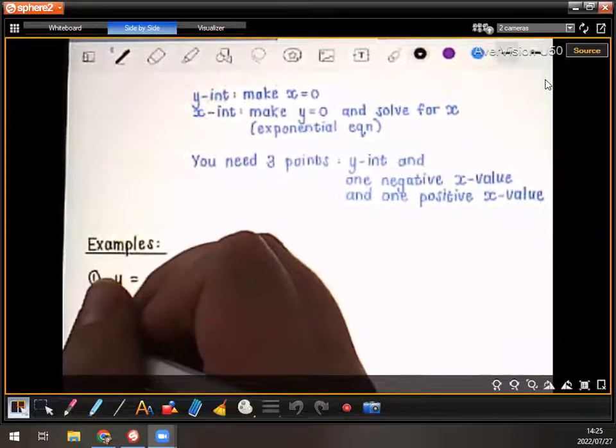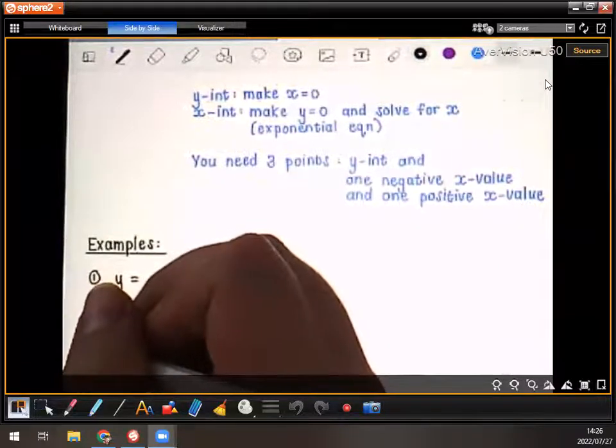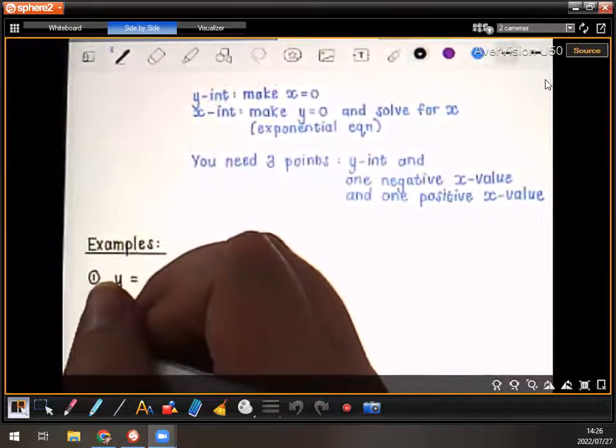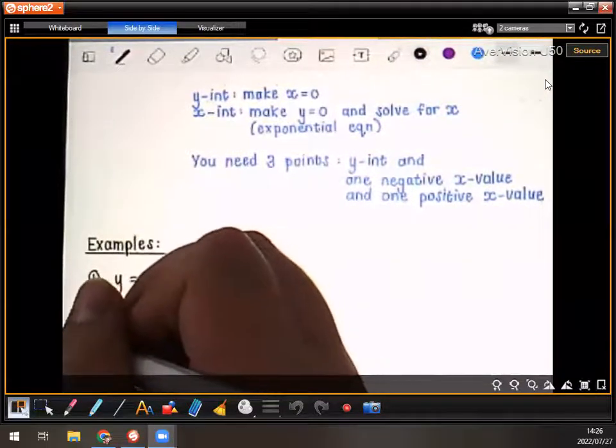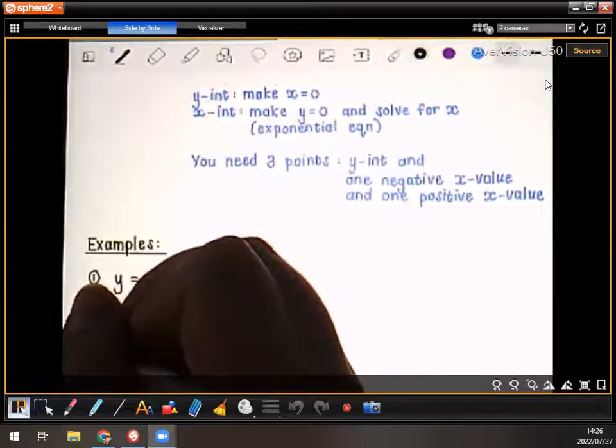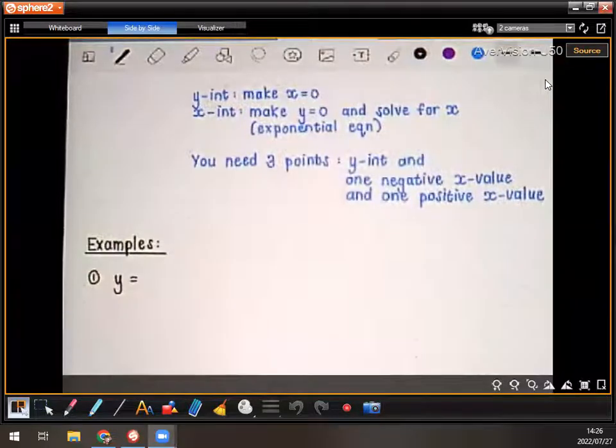Sorry, I'm just looking. Sorry, I was checking what is the X-intercept.